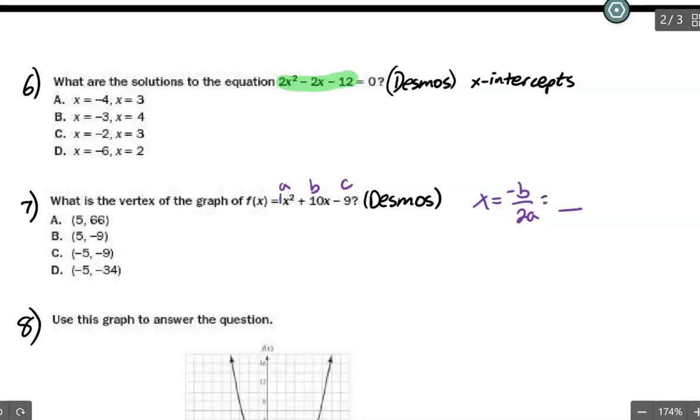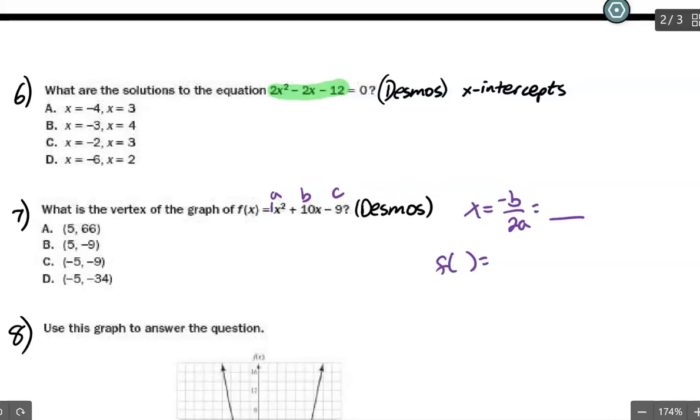Then whatever you get, you plug that back into your function. F of blank equals blank, or sorry, let's use parentheses. Parentheses squared plus 10 parentheses minus 9. Whatever you get here goes here, here, and here. That's the doing it by hand way.